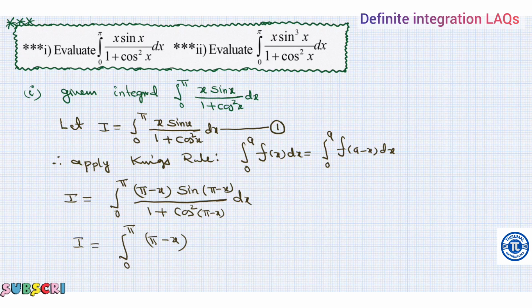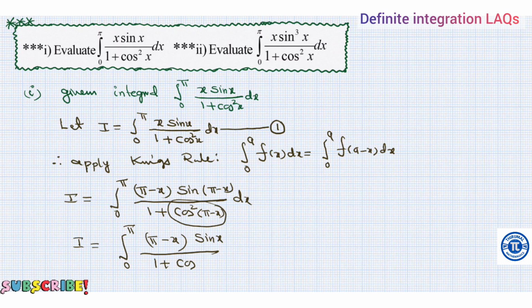Sine 180 minus theta is equal to sine theta, so we get sine x, and in the denominator 1 plus cos 180 minus theta is minus cos theta, whole square is plus cos square x dx. Okay, let this be equation number 2.